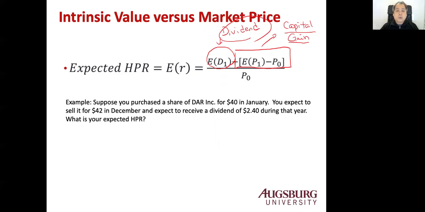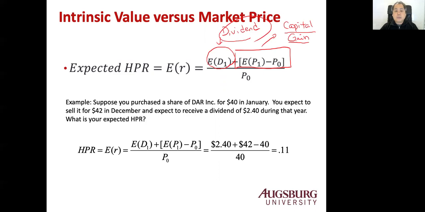Suppose you purchase a share of DAR Incorporated for $40 in January. You expect to sell it for $42 in December and expect to receive a dividend of $4 during the year. What is your expected HPR? It's a simple calculation. The HPR, holding period return, has a numerator that is the dollar return.